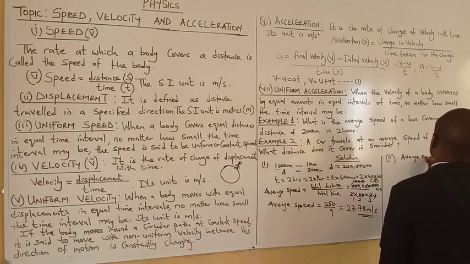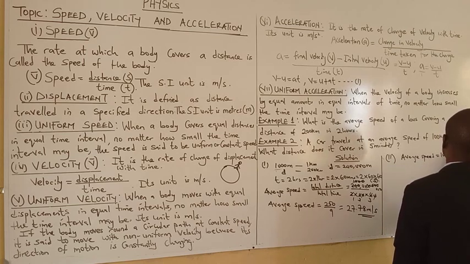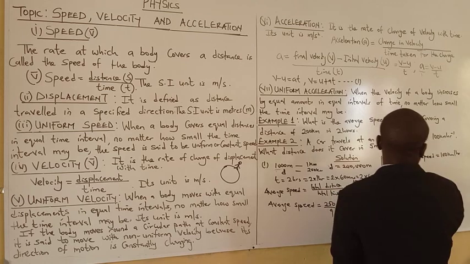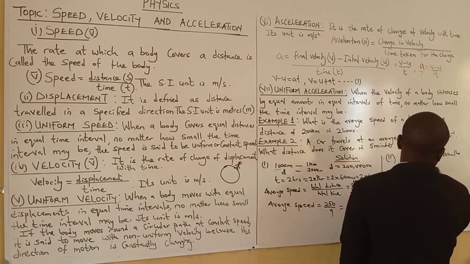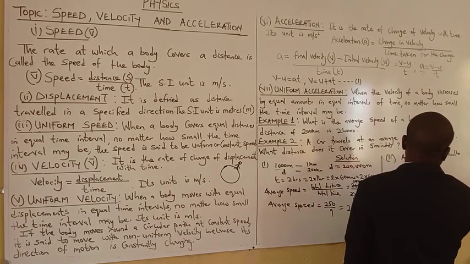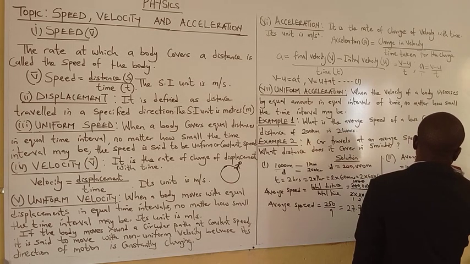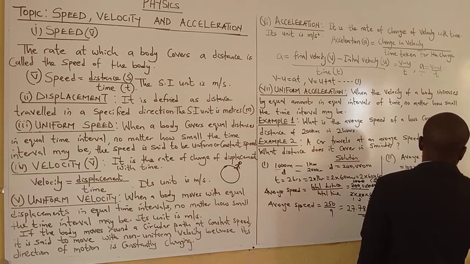The second example: a car travels at an average speed of 100 kilometers per hour. Let's convert it to the standard, which is 100 times 1 kilometer divided by 1 hour, which is 100 times 1000 meters, since 1000 meters make 1 kilometer, divided by 60 times 60, converting to seconds.